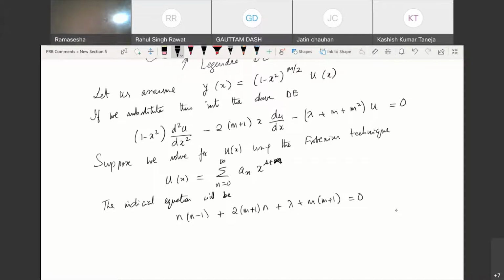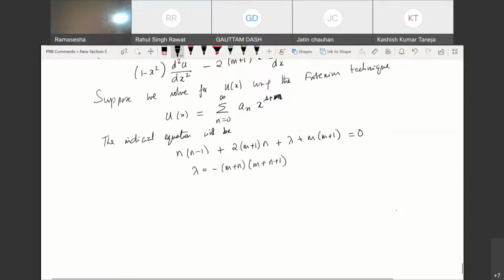Or I can always write lambda as L into L plus 1, where L is an integer.